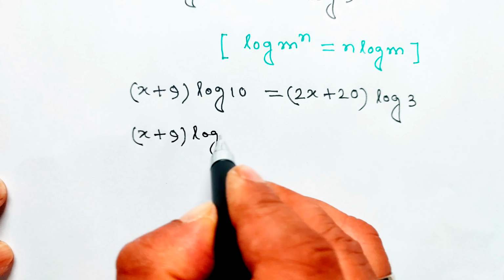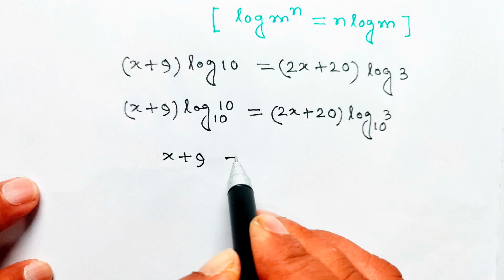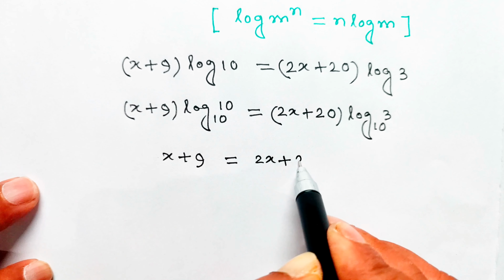Log 10 base 10 equal 1. Then x plus 9 equal 2x plus 20 into log 3, base 10 understood, equal log 3.